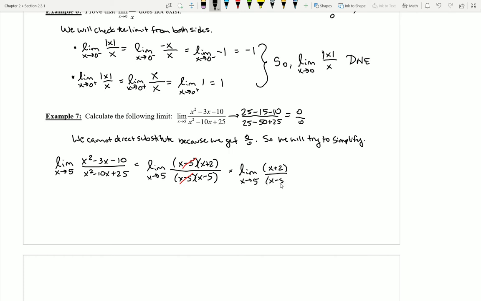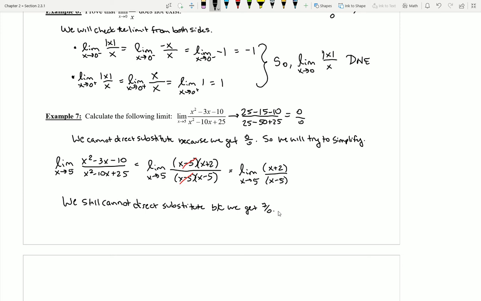Notice that what I'm going to be left with now is still a rational function, so I could try to direct substitute again. But you can probably tell what you're going to get when you direct substitute. On the top you get 7, and on the bottom you get 0. And so again, I still cannot direct substitute, because we get 7 over 0.